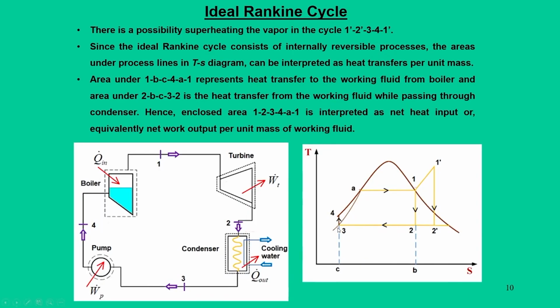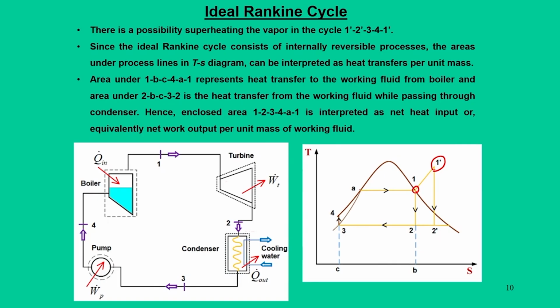But in some situations, instead of the ideal Rankine cycle with saturated steam at state 1, we can add some degree of superheat. So, the state of the steam can lie in the superheated region, that is 1 dash, and there the turbine process can start.